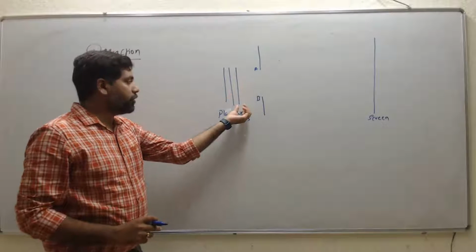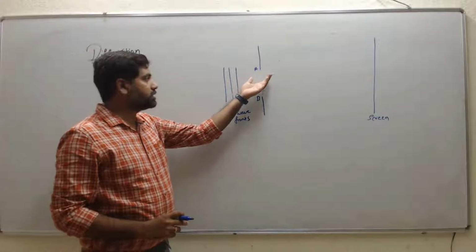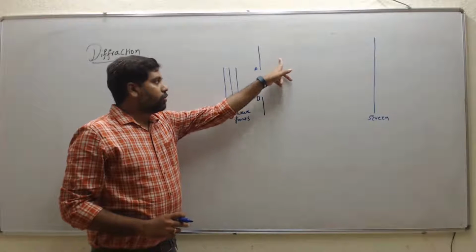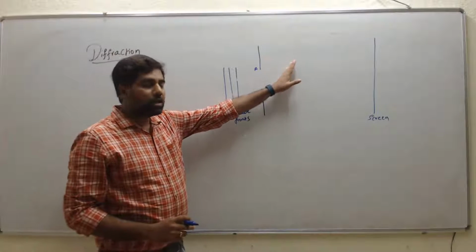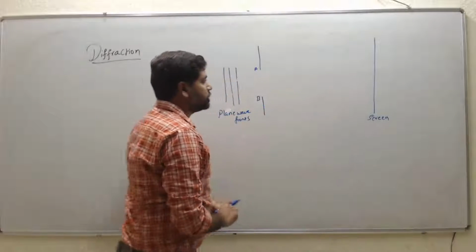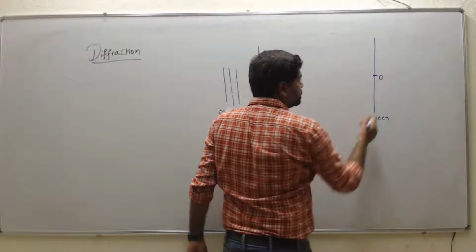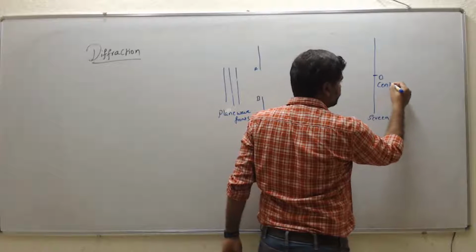This wavefront has a number of points, and each acts as a source for secondary wavelets that travel in all directions, hence we get the diffraction pattern. First we studied the point O, where we get the central maximum.